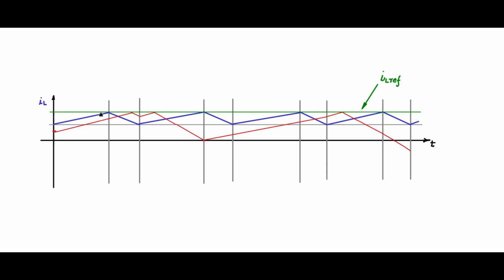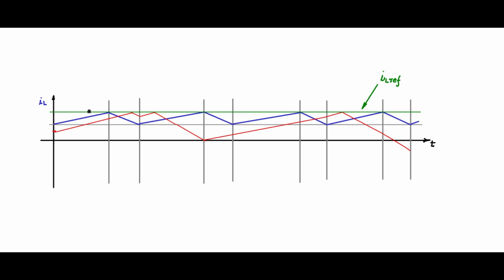Whenever the inductor current reaches IL ref and tries to cross it, the error changes direction, becomes negative, and then resets the flip-flop. But that is not happening in a proper way when the duty cycle is greater than 0.5.